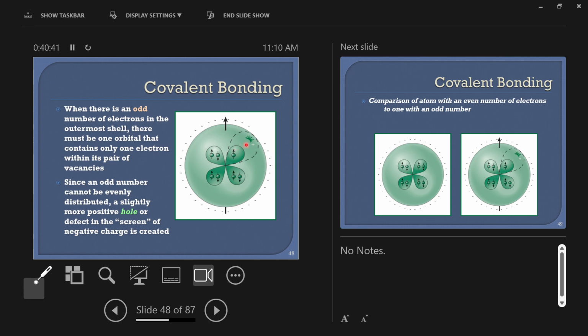If you imagine drawing a line across the atom, the top hemisphere of the atom has a little bit more positive charge than the bottom hemisphere, making it now an atom that's got positive charge, negative charge, okay?